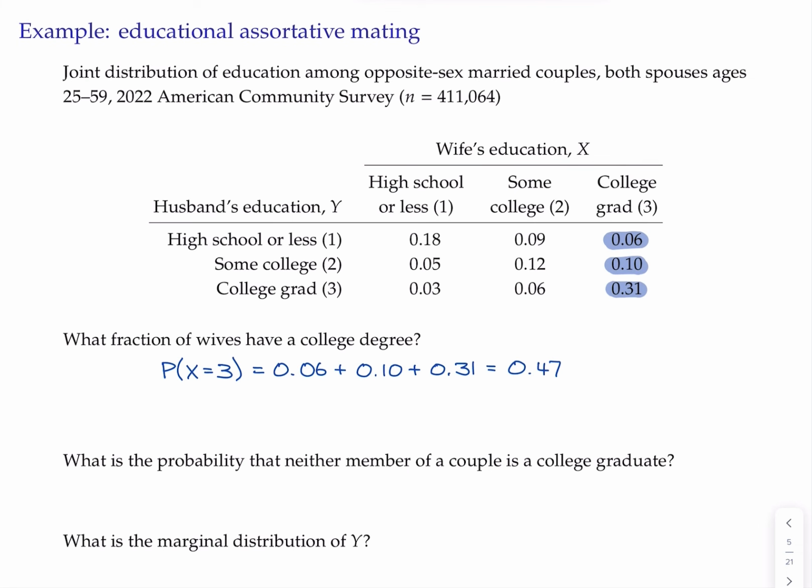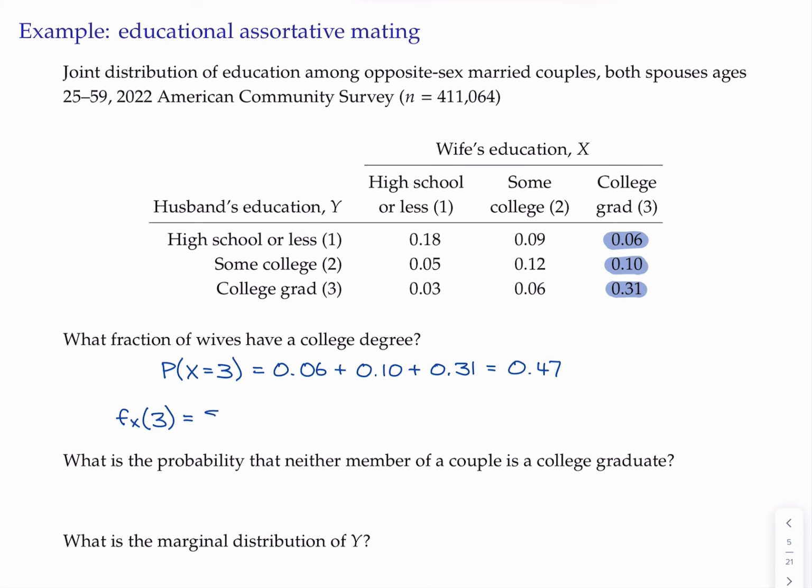Almost half. If you're trying to put this together with the more formal notation on a previous slide, this is again a marginal probability, a marginal PMF value, f sub x of 3.